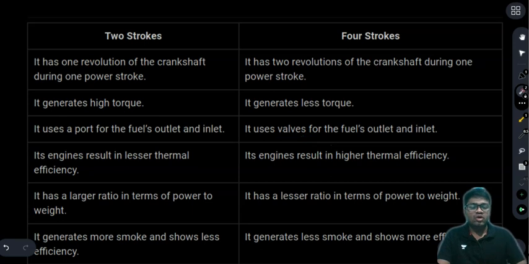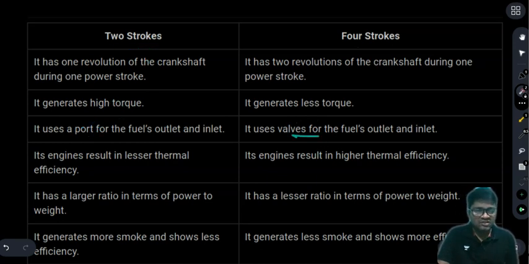So for the entry of fuel and air, it may be that only air goes into the cylinder during the suction process if we are talking about the diesel engine. And if we are talking about the petrol engine, a mixture is sent into the cylinder, right? So that may be a different case, but there will be valves in the four-stroke engine, and ports in the two-stroke engine.